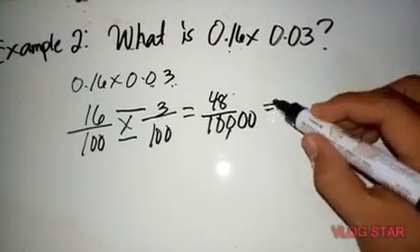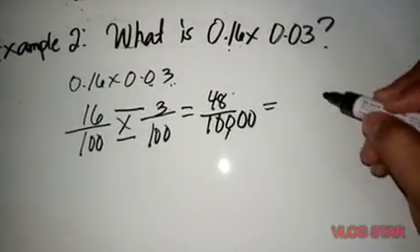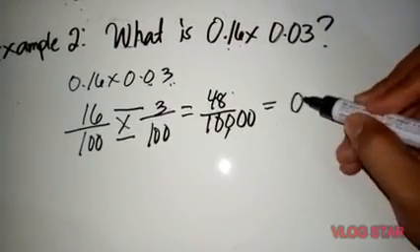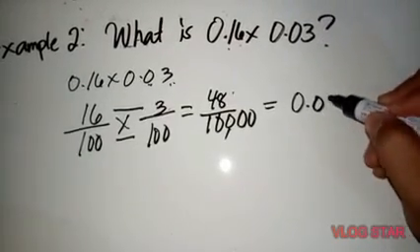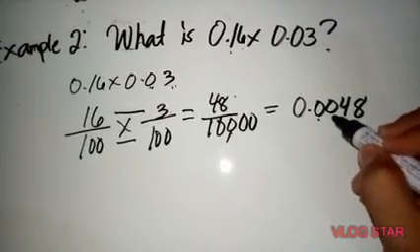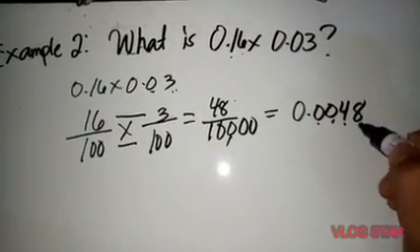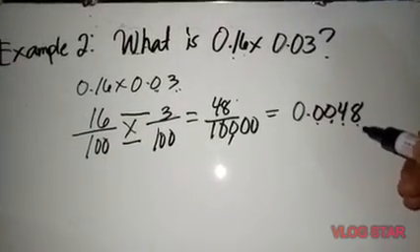And if we write 48 ten-thousandths in decimal, then it can be written as 0.0048.